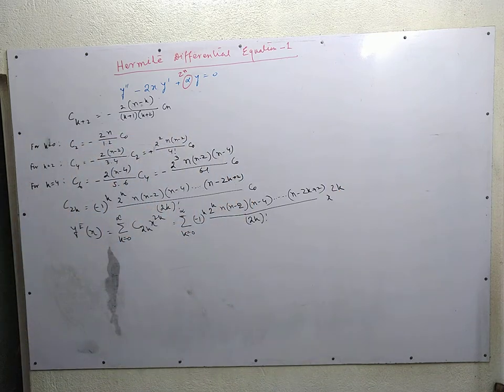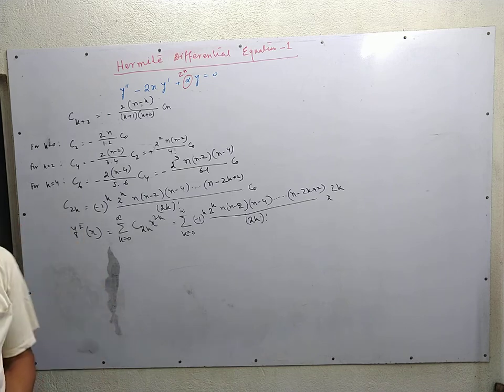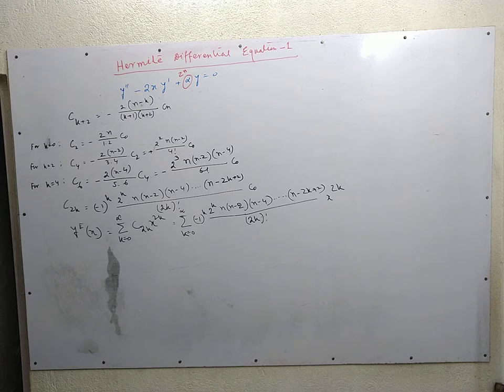This is the even series. Say n is equal to 2. If n happens to be 2, then only there will be C0 and C2 terms, C4 onwards are 0. Similarly, if we set n equal to 4, then there will be terms involving C0, C2, C4, and C6 onwards are 0. So if n happens to be an even number, then the even series is a polynomial.